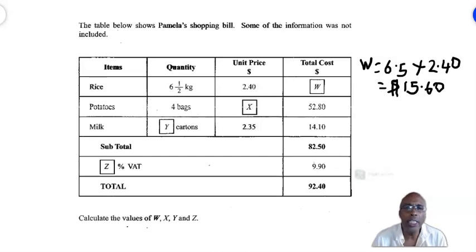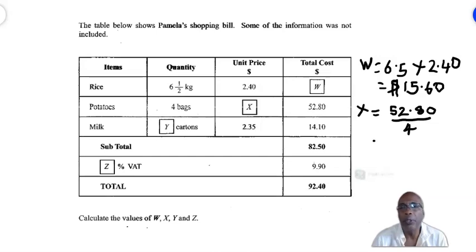Okay, let us go on to find X. X is here, and that's in the potato row. 4 bags of potatoes were bought. The unit price is not given, it is X, but the total cost is given. That's $52.80. So we can find X now by simply dividing 52.80 by 4. And so X equals 52.80 over 4.